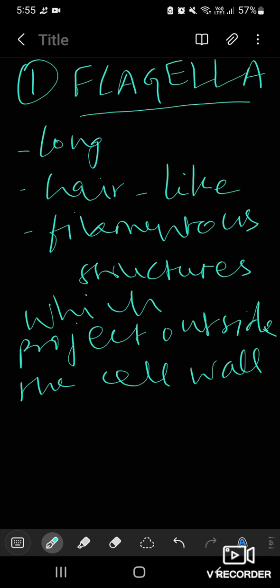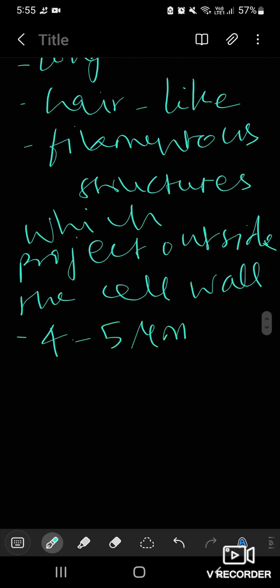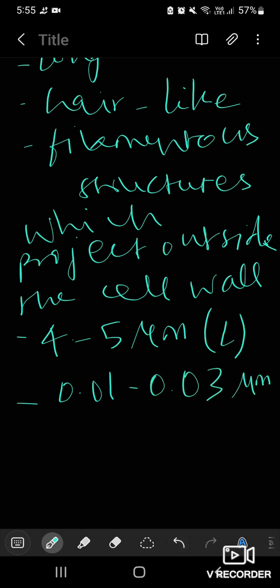So the length is 4 to 5 meters, and its diameter is 0.01 to 0.03 meters. This is diameter. So basically the main function of a flagella is to contribute to motility of the bacteria.